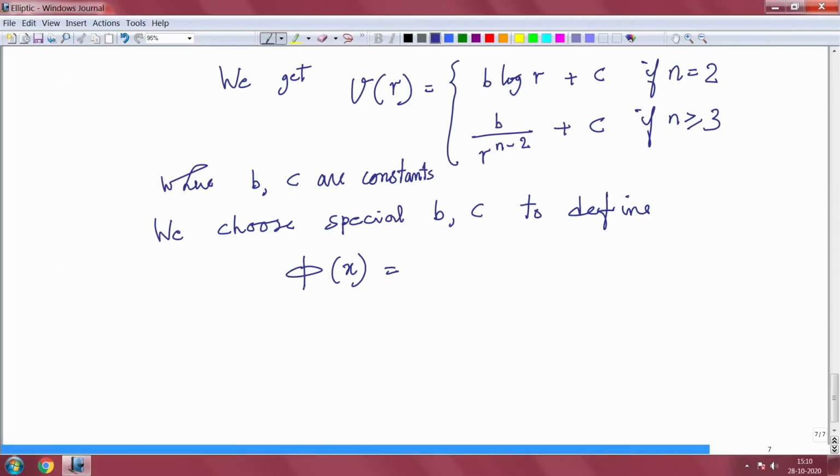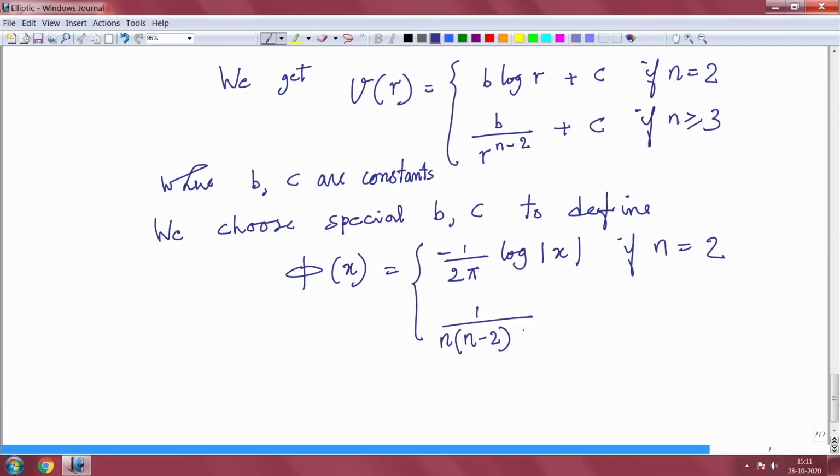I choose c to be 0 and here I choose minus 1 over 2 pi log mod x if n equal to 2, and here 1 by n into n minus 2 into omega n, mod x power n minus 2, if n is greater than or equal to 3.